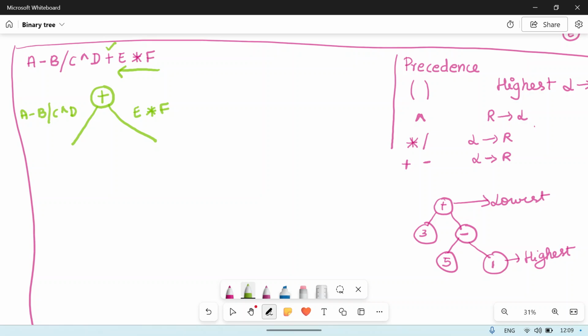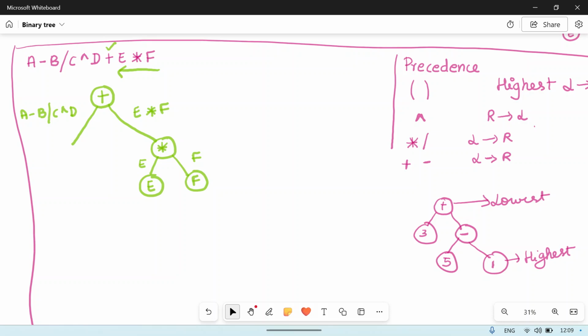Now, see here, this is easy, right? E star F, the right part. So star automatically will come to the root, and E will become its left part, and F its right part. So no problem. But what about the other side? There is a minus symbol, there is a division symbol, and there is a power symbol.